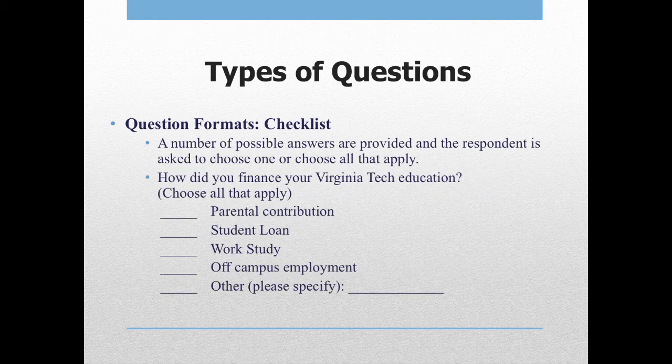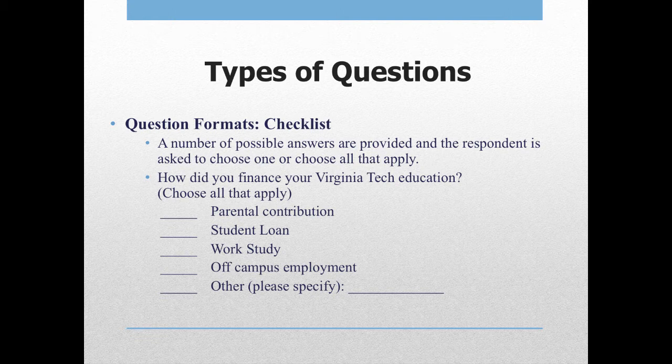The next one is a checklist. This is one that I feel like doesn't get enough love, but it could be as simple as circle or check all possible answers that are provided. The respondent is asked to choose one or choose all that apply. An example here is, how did you finance your Virginia Tech education? Choose all that apply, and you would check, oh, I got money from my parents, I got a student loan, I did work study, I worked off campus at Firehouse Subs, whatever.